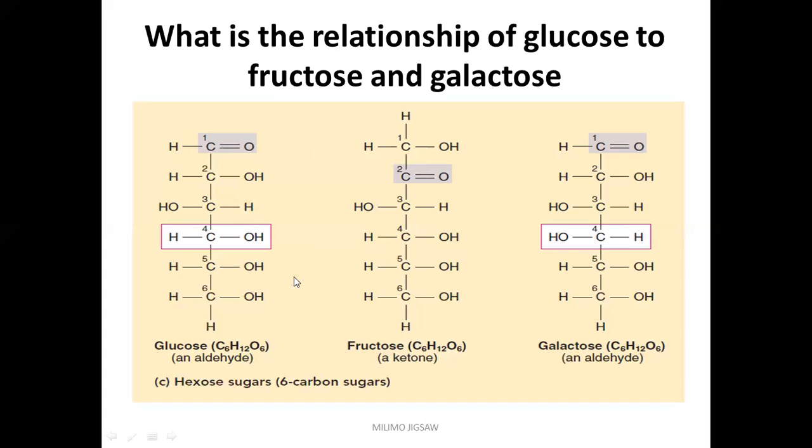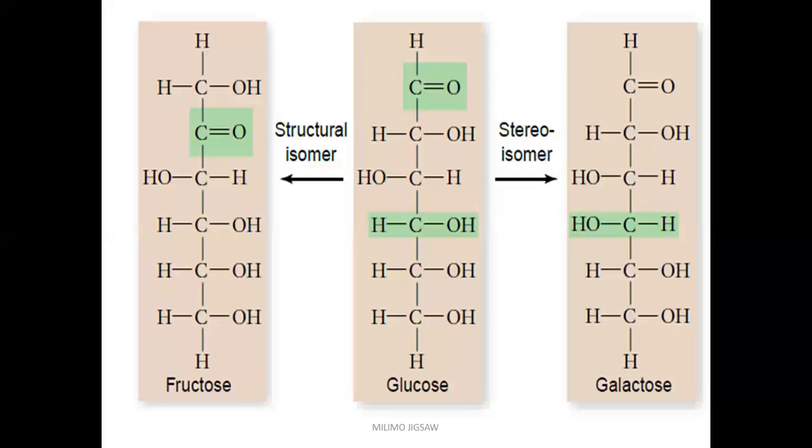We need to find the relationship between glucose and fructose, and glucose and galactose. Also look at the difference at position number 4 between glucose and galactose: the position of the hydroxyl group. So what this means is that glucose, or rather fructose, is a structural isomer.